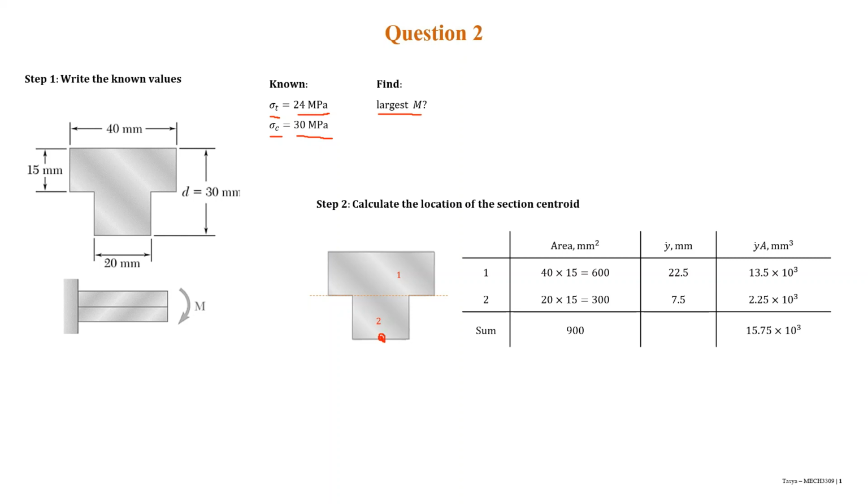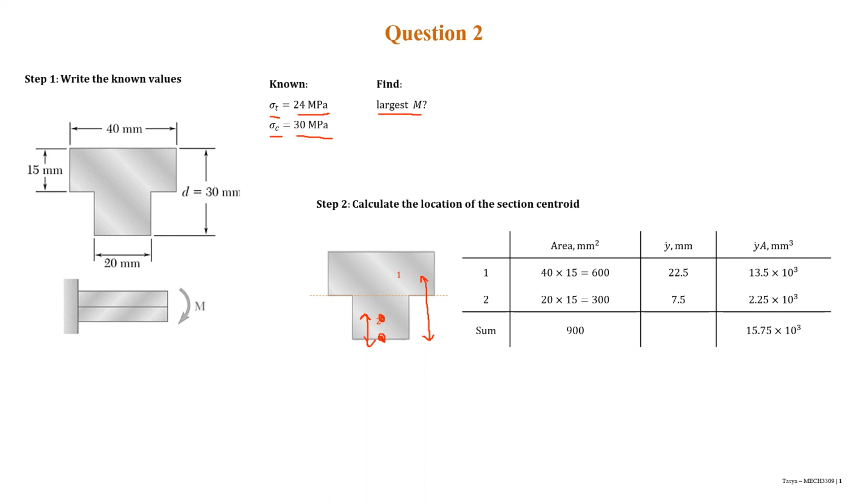So if we have to find the y in 1, we need to measure the distance from here to the middle of figure 1. So it's gonna be y1 here, and for figure 2 is the same. We have to measure from here to the middle of figure 2. Let's say it's here, so y2 will be the distance in this.